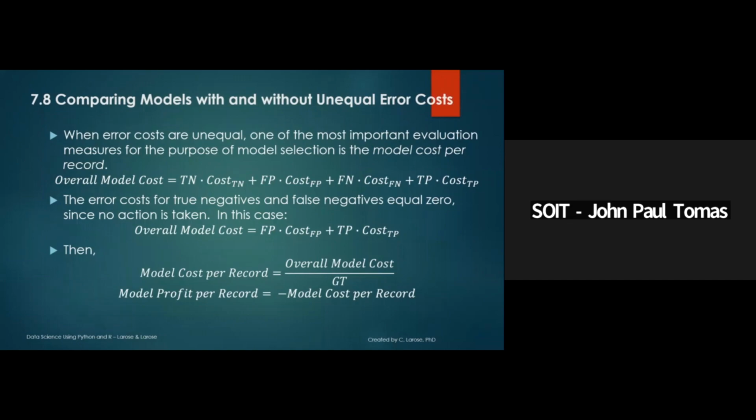So there's an overall model cost, and then there's a model cost per record. The model cost per record is the overall model cost over your grand total, and the model profit per record is the negative model cost per record. Later on we'll try to transpose some of the values there for better understanding.